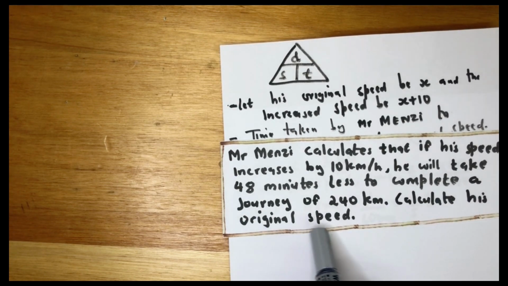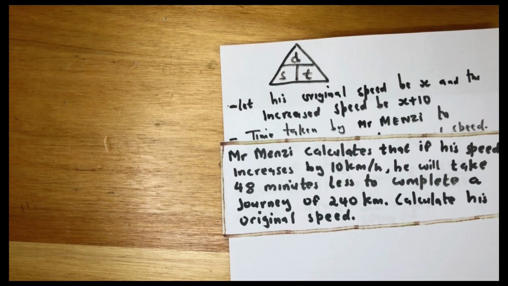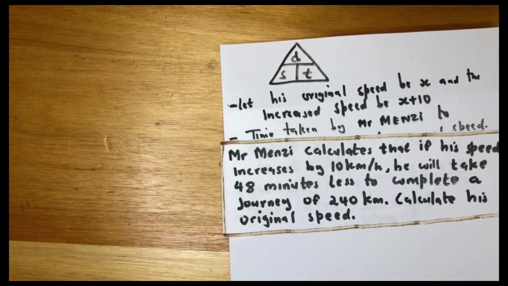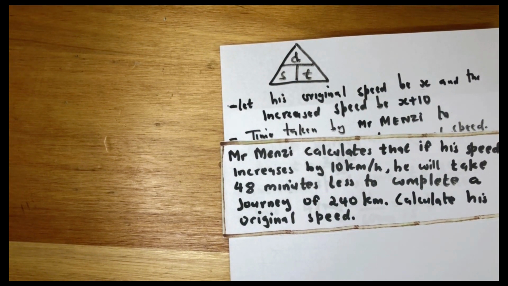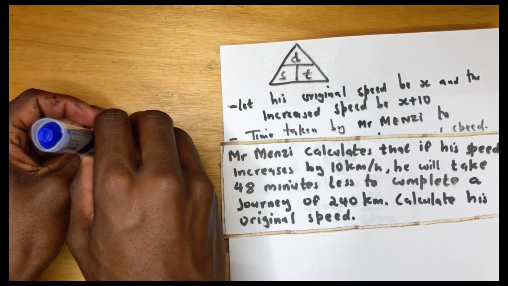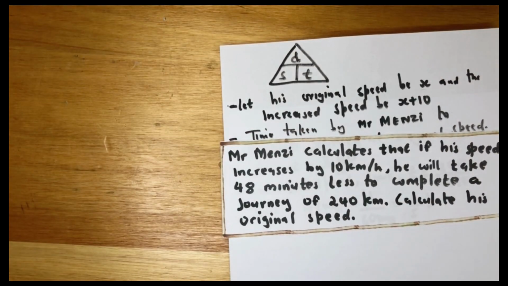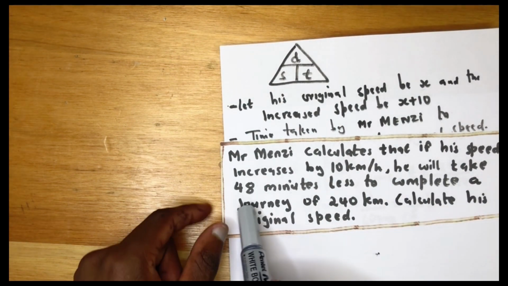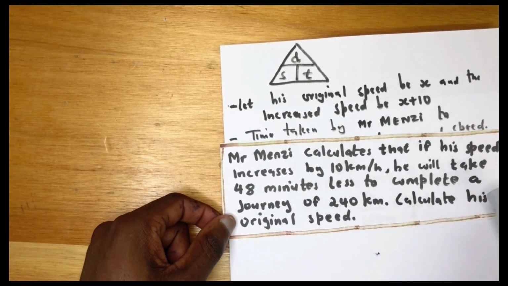Calculate his original speed. So if he increased the speed, he assumed that he will take 48 minutes less.